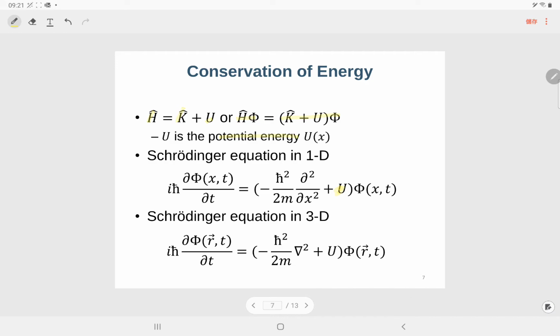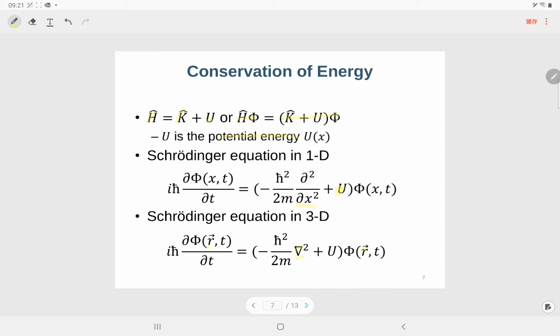And in 3 dimensions, we can change this second partial derivative with respect to x to the Laplacian, similar to what we have learned in chapter 33, the wave equation. So this is just the derivative in the space, but in 3D. And we also change x to our vector.